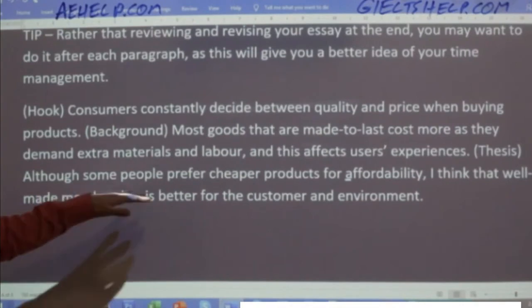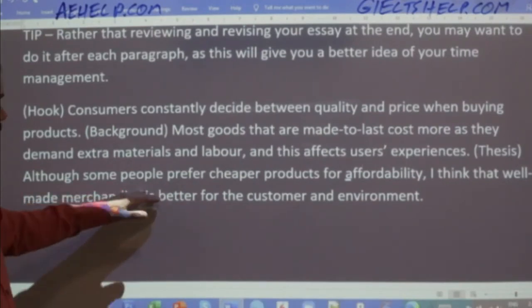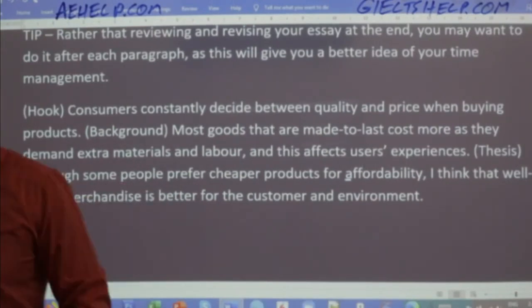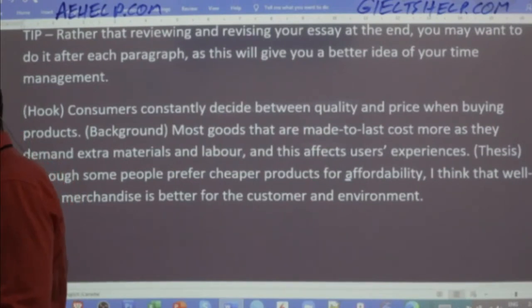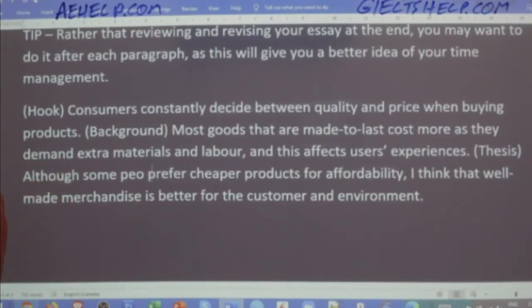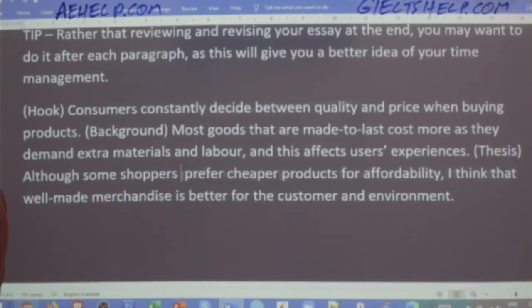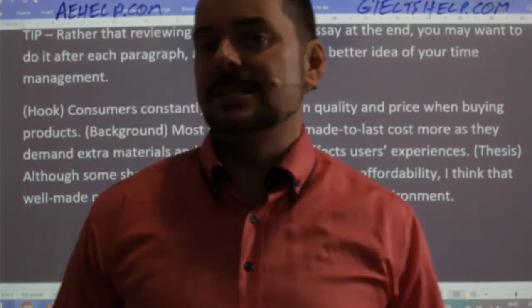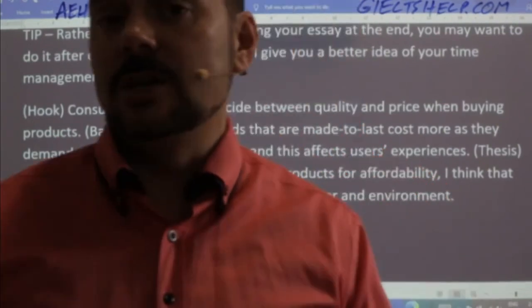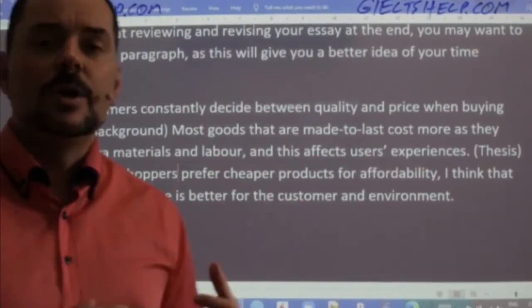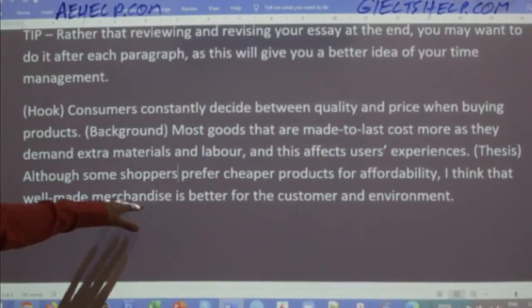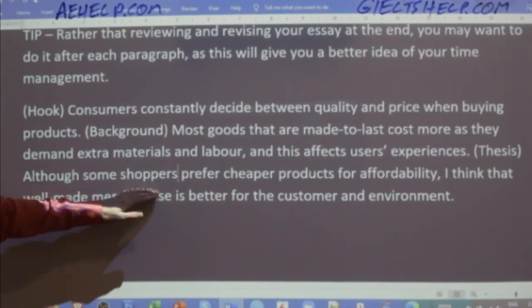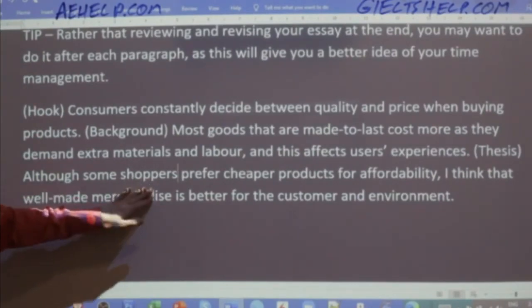Although some people prefer, okay, some people, instead of people, I can probably say shoppers. Okay, it's more specific. So people and individuals are classically two nouns that you can be more specific with. So when you see yourself using individuals and people, always think of, is there another person noun that's more specific?